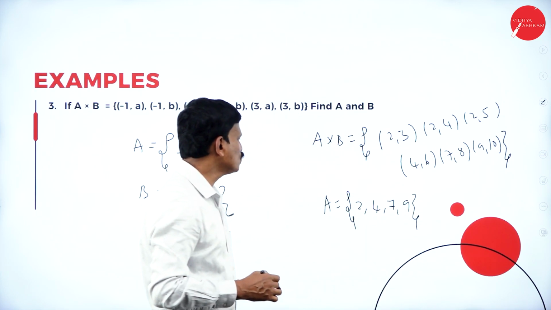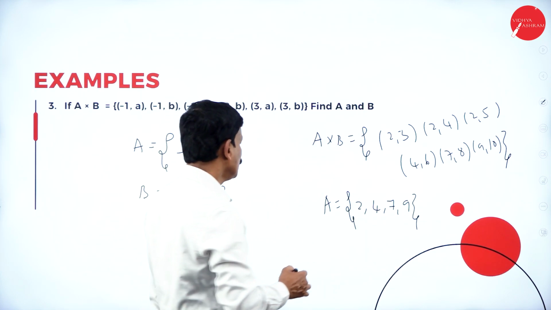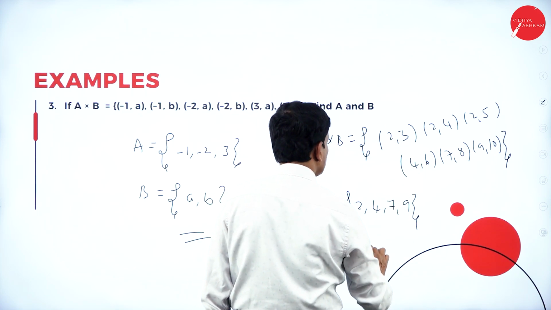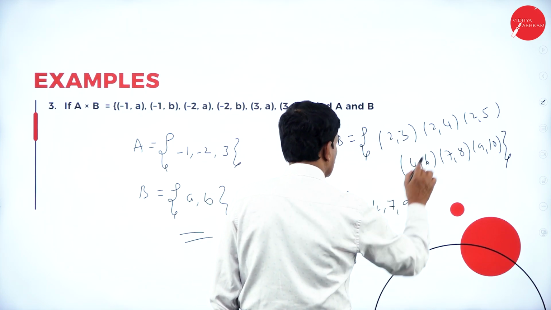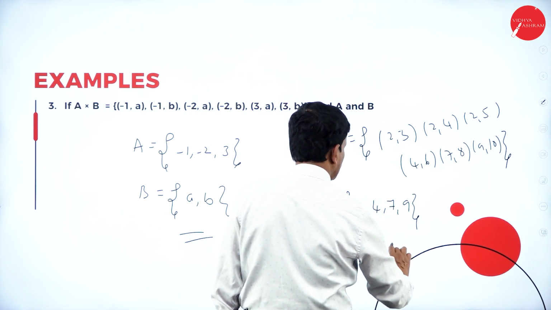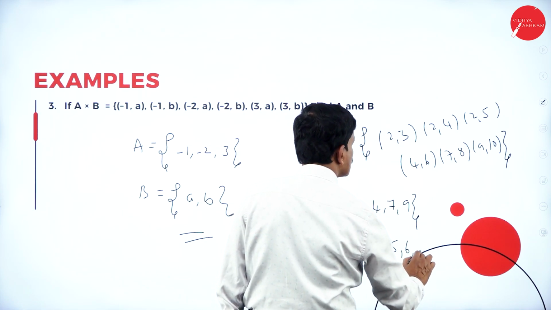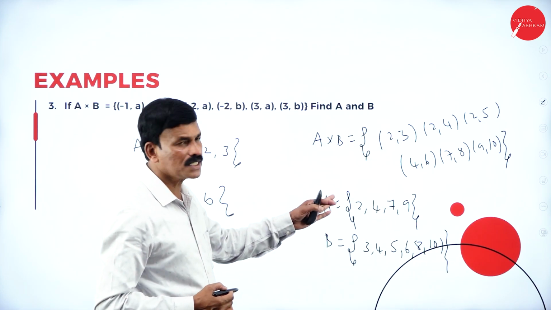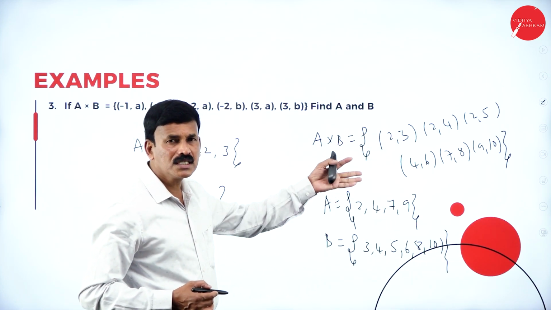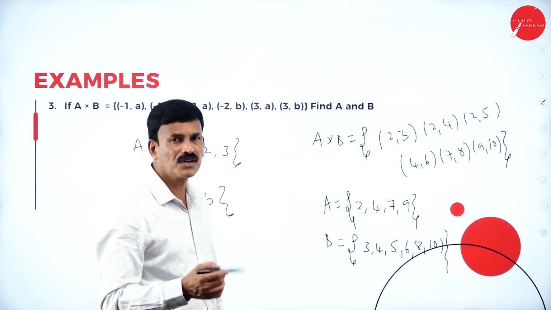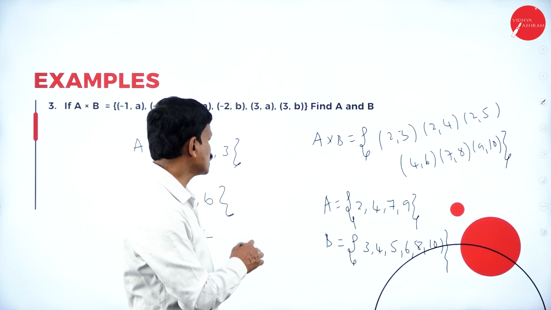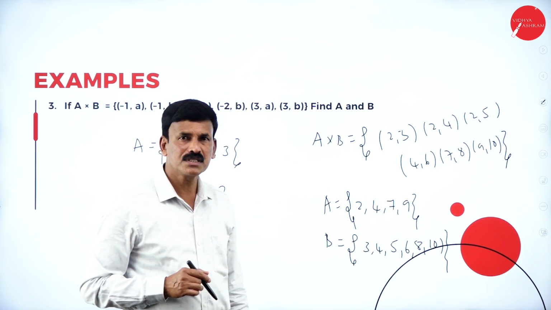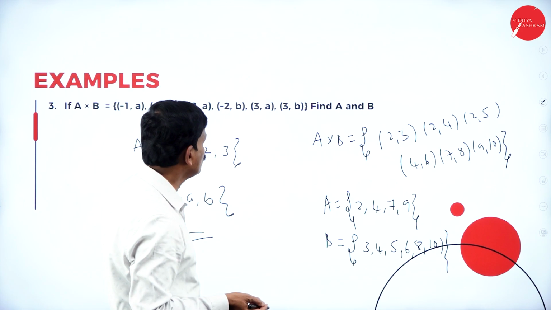So A contains 2, 4, 7, 9. Whereas B is the set of second elements: 3, 4, 5, 6, 8 and 10. That's all. In this example, it may satisfy the relation, but what is required is to find the set of all first elements and the set of all second elements of this set. Right.